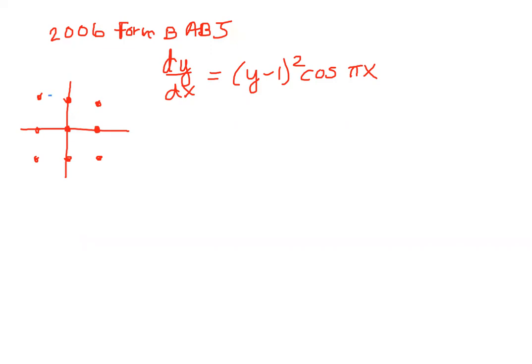These are all zeros, negative, positive, negative, more negative, more positive, more negative. Okay, you get 1 point for 0 slopes, 1 point for all the other slopes.